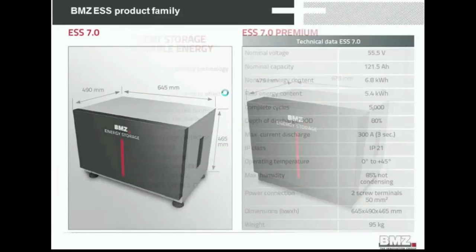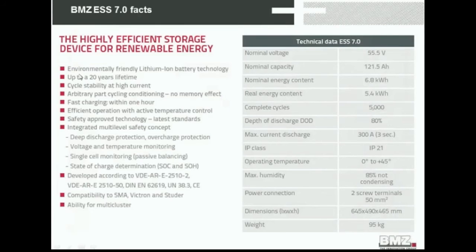It is, of course, environmentally friendly lithium-ion technology, up to 20 years expected lifetime, cycle stable at high current. I think we have the most powerful battery in the market at the moment. Fast charging, of course. No memory effect, of course. Active temperature control, safety approved technology, latest standards.